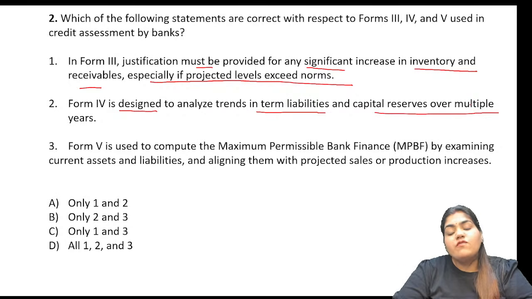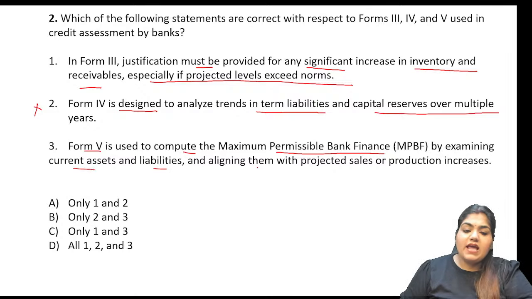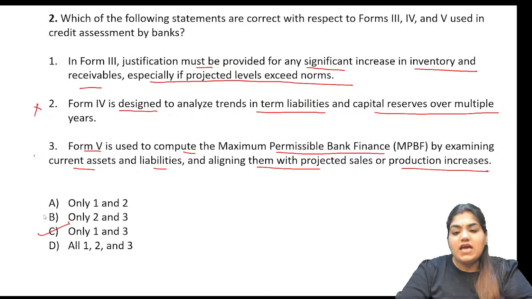Form 4 specially focuses on comparative studies of current assets and current liabilities. It does not talk about long-term items. Statement number 2 is incorrect. Statement number 3 is correct. Form 4 is used to compute the maximum permissible bank finance by examining current assets and liabilities and aligning them with project sales and project increases. Statement number 1 and 3 are correct. That will give us C as the correct answer.